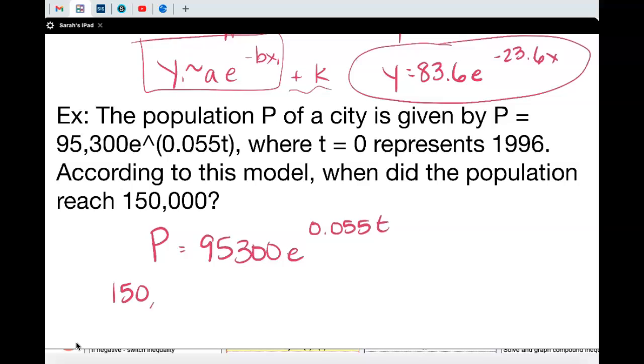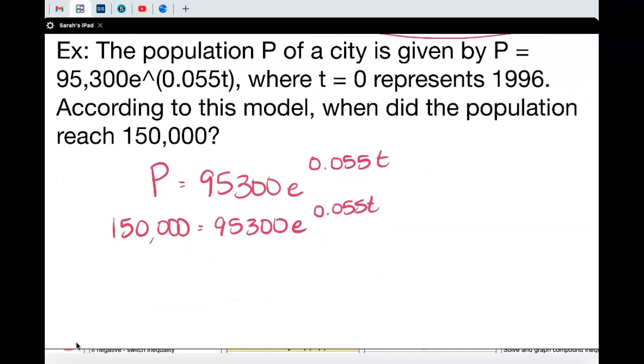So we're going to plug in 150,000 and then solve this equation for T. So what are we doing first? Did you get that decimal? 1.574.